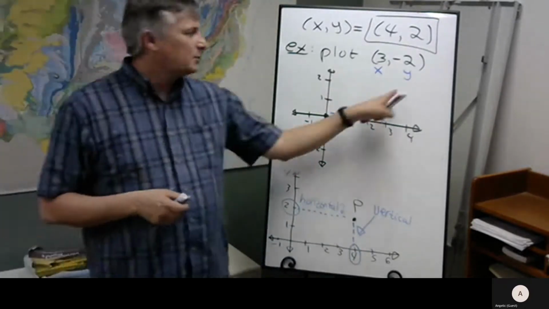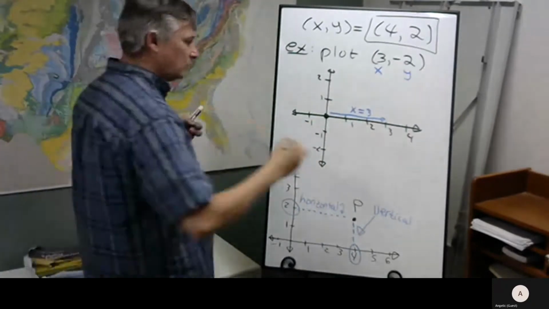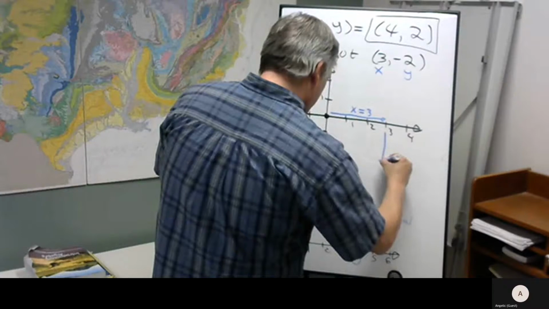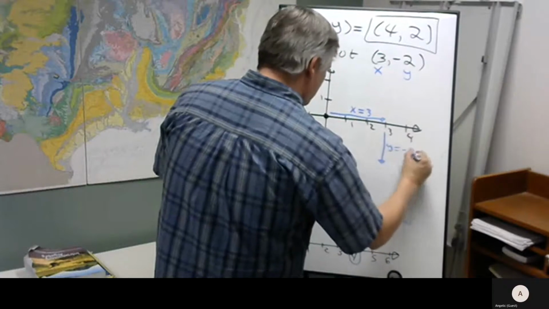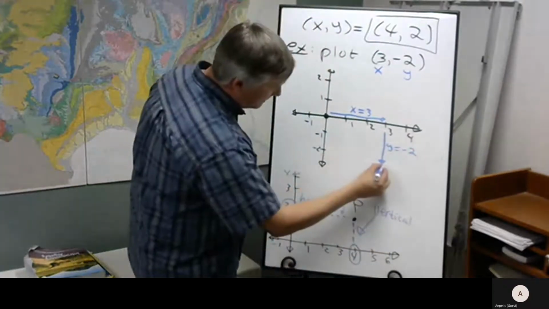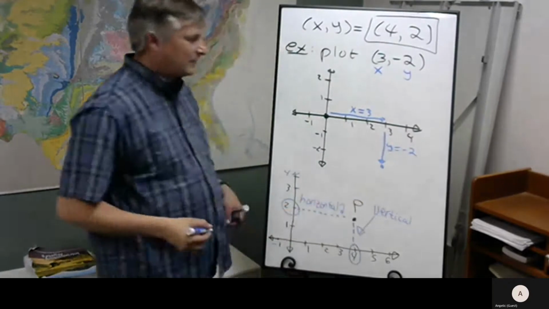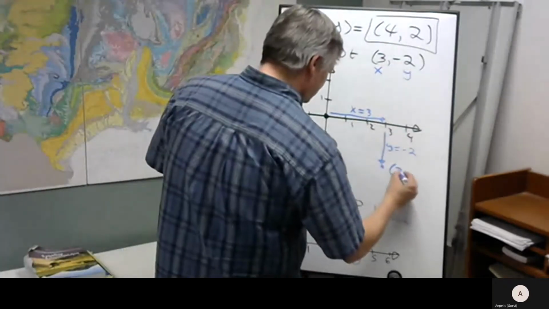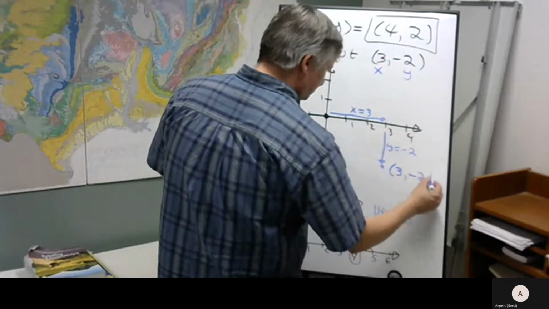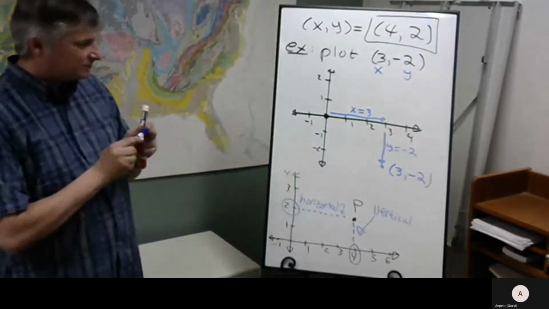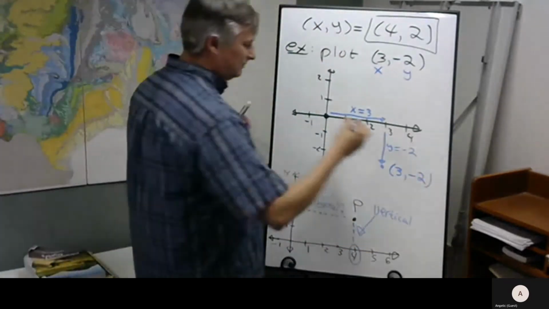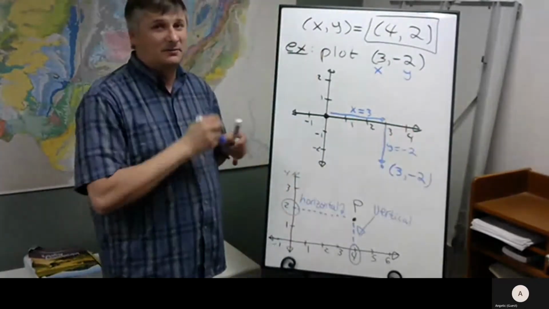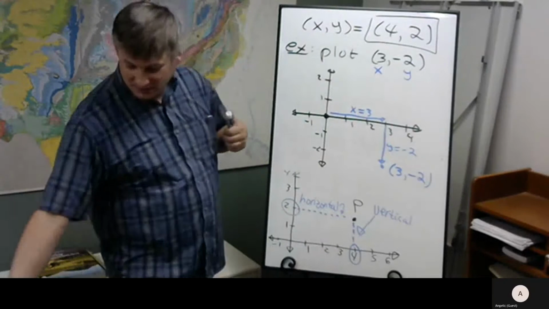And because y equals -2, we'll then drop down to y equals -2. And that's going to give us our point. Questions about that?